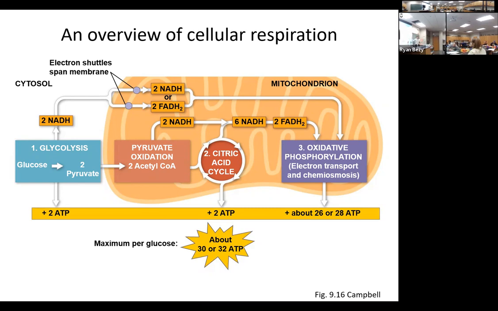The electron transport chain is going to use the energy from the electrons to do something. It's not ATP. It uses it to put something on one side of a membrane.